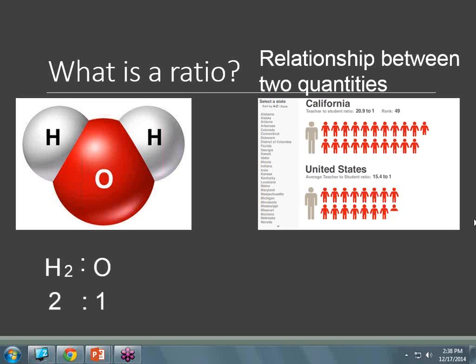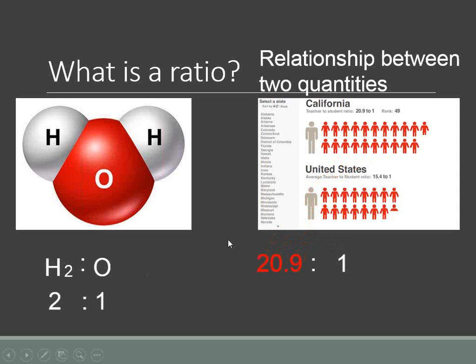Okay, this was a graphic put out by the California Teachers Association talking about the teacher-to-student ratio in the state of California, which is 49th in the United States, according to them. And they do a really nice graphic there showing that there are teachers and students in the classroom, but they say the teacher-to-student ratio is 20.9 to 1.